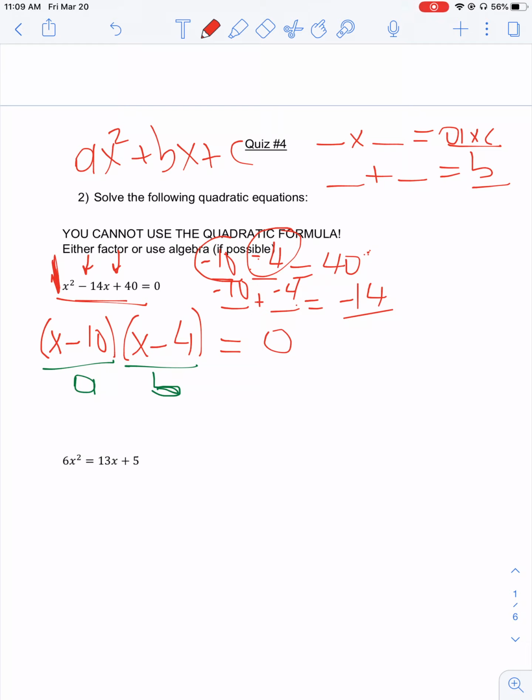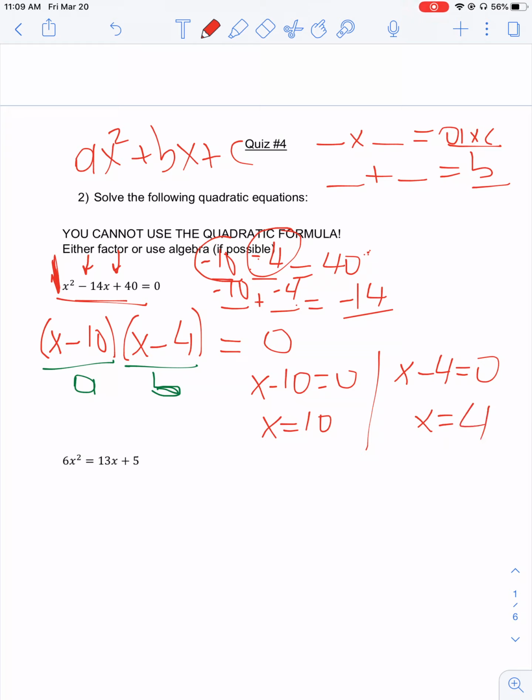If A times B is equal to 0, there are two possibilities. Either A is equal to 0, so x minus 10 is equal to 0, which means x has to equal 10, or B is equal to 0, so x minus 4 is equal to 0, and then you just solve for x. So x is equal to 4.